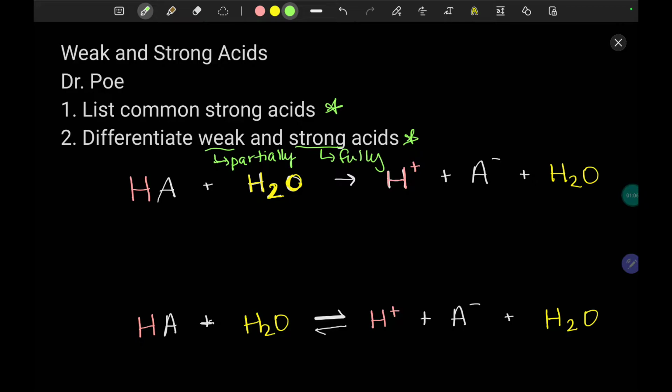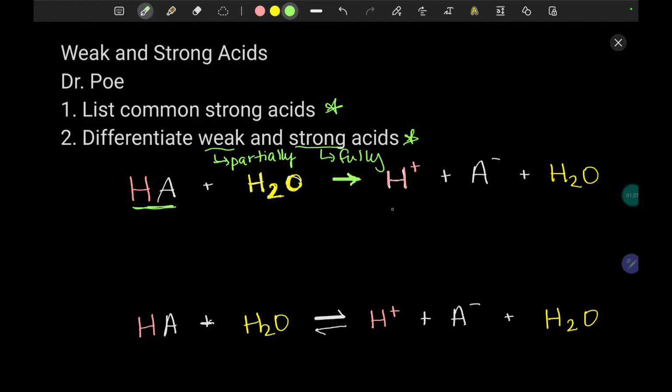It's not going to completely dissociate in water. So a strong acid will fully dissociate in water. A weak acid will only partially dissociate in water. And one of the ways you can tell is by looking at the arrows. In this first example, I've got just the generic acid, HA. And we see this arrow, a solid arrow going to the right.